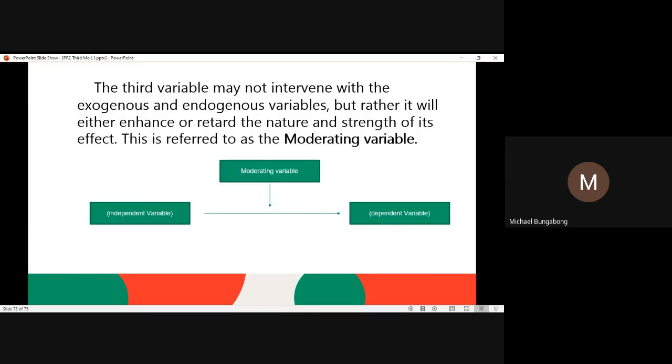The third variable may not intervene with the exogenous and endogenous variables, right? But rather, it will either enhance or worse, ma-retard the nature ng independent variable mo. So, to enhance or retard the nature and strength of its effect, then this is referred to as the moderating variable. So, pwede siya maging gasolina class, no?